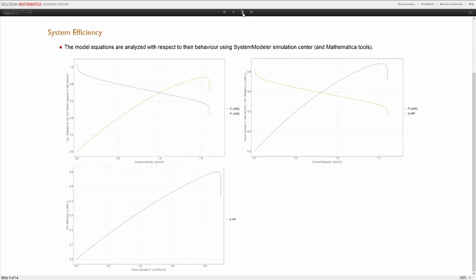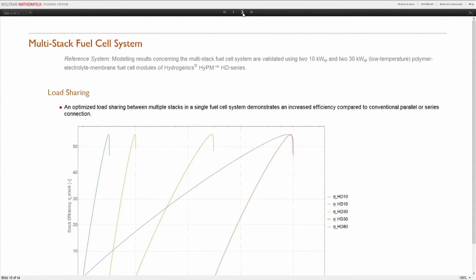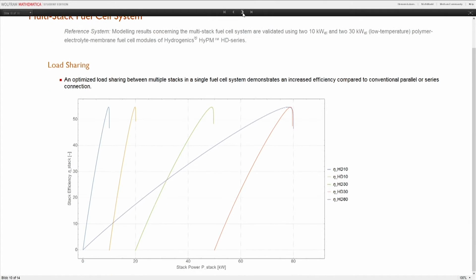And if we now compare the different curves of efficiency over output power, then you see that this curve is actually the efficiency over power curve from the large single stack fuel cell system.